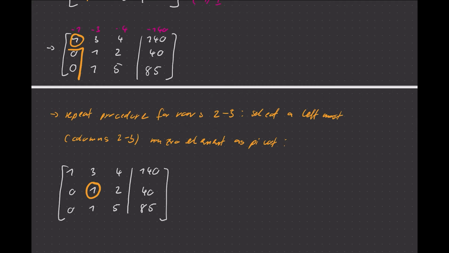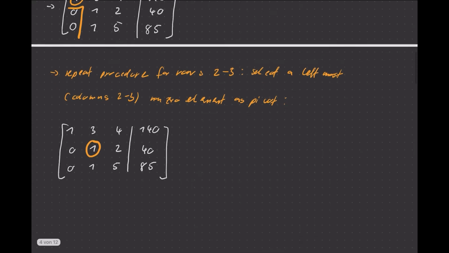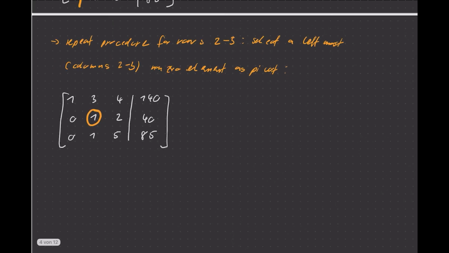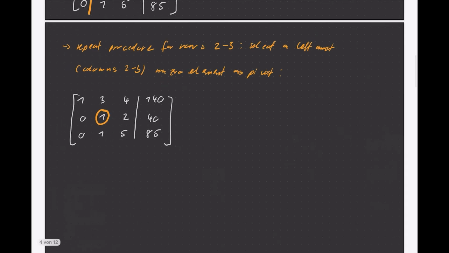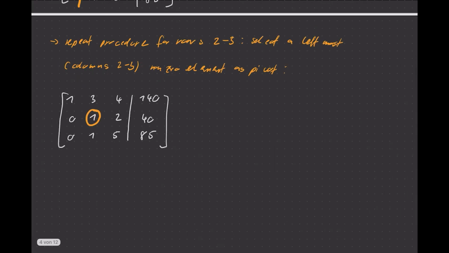The second one would work as well. Okay, so this is our pivot. And using that pivot, we are now going to do row operations to produce zeros below that pivot element. So we want zeros here.